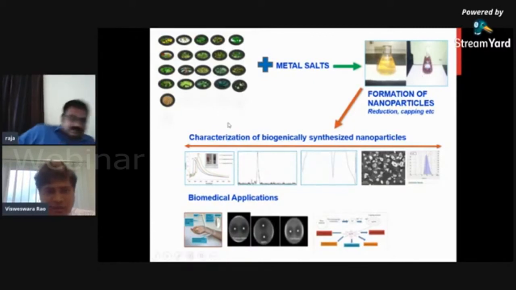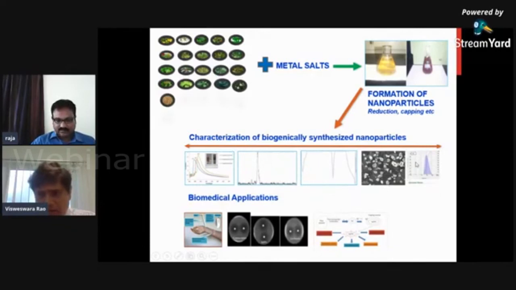But if you observe here, this is with UV, XRD, FTIR, SEM or TEM, particle size differentiators. These are all the characterizations we need to do to confirm whether the nanoparticles are of a certain shape and size, and whether they are stable or not. We should confirm these with characterization once we synthesize nanoparticles using any kind of metal salts.